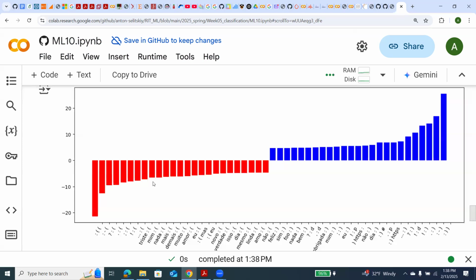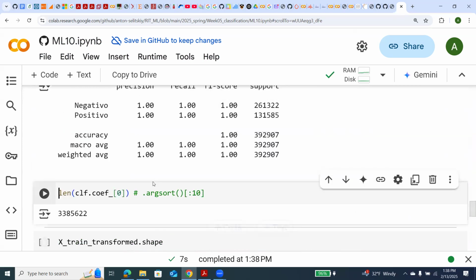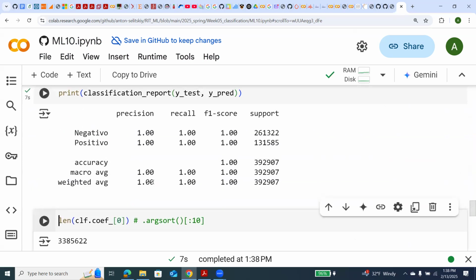If I would use 3 gram, oh, sorry, 2 gram, I would get perfect classification because I would have just the standard sad or happy face. And the accuracy now is 100%, which is not surprising because the targets were based on emoticons.